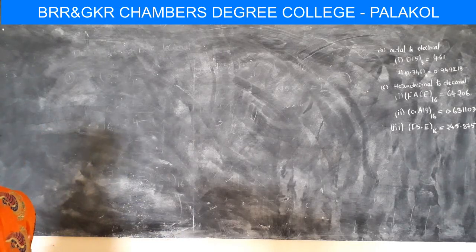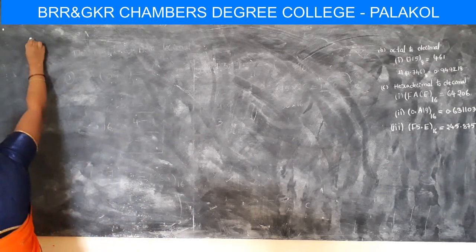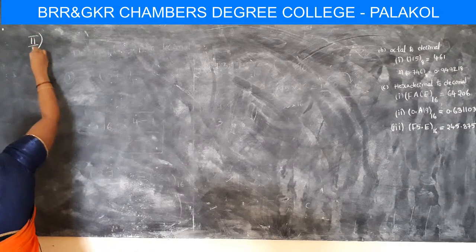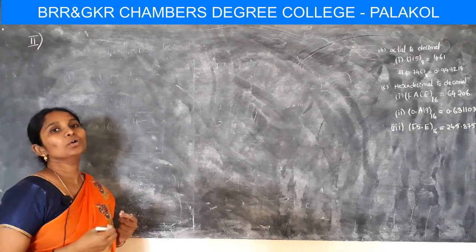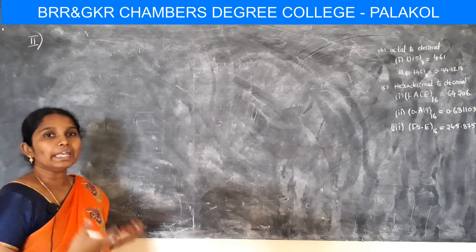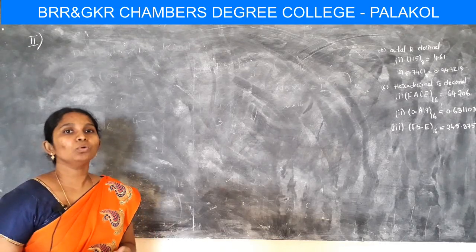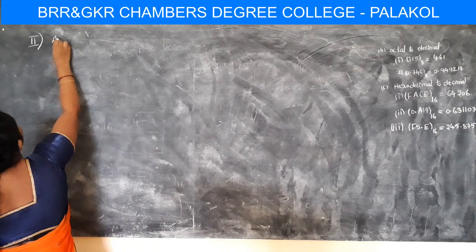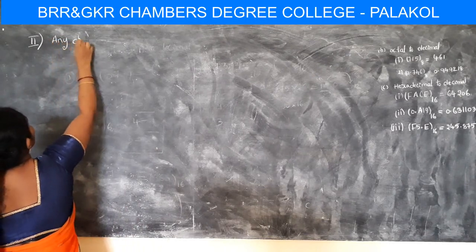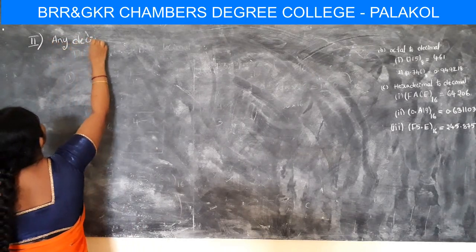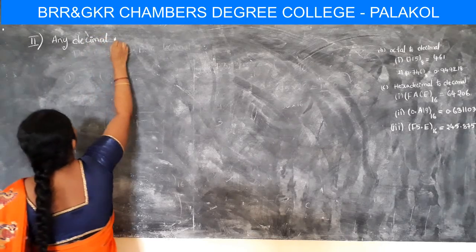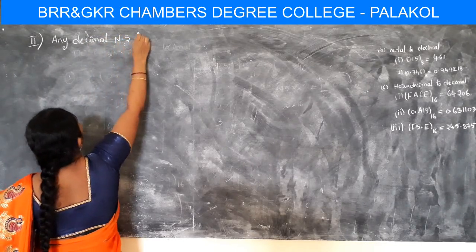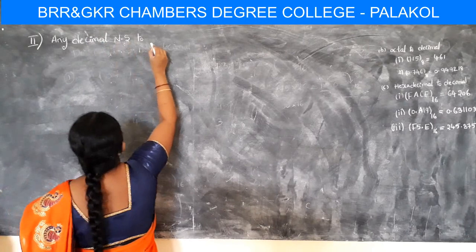Method number 2 is how to convert any number system to the decimal number system.